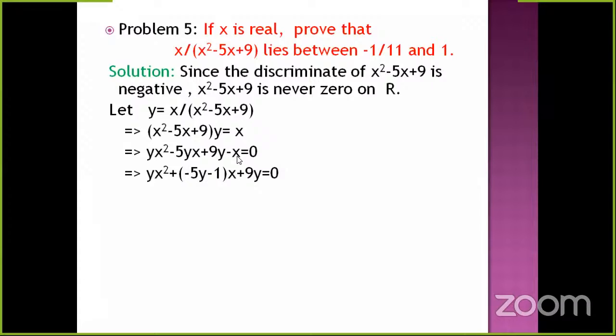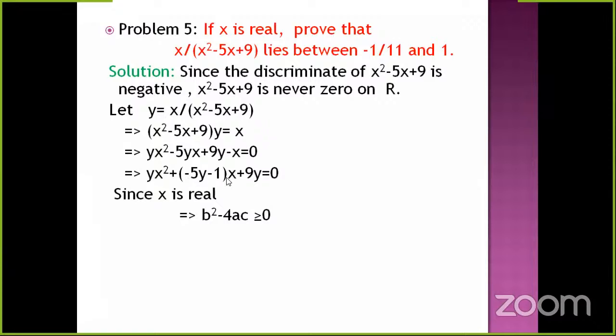Again, by taking x common in two terms, I will get yx square plus (minus 5y minus 1) into x plus 9y is equal to 0. So this is a quadratic equation in variable x. Since x is real, it means it has real roots, so I can consider the delta value as greater than or equal to 0.